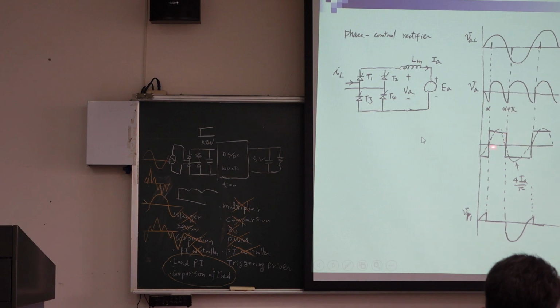So what is the phase delay? This is sine wave current. This is sine wave voltage. So the phase delay is how many degrees? 30 degrees, right? The current lags the voltage by 30 degrees. So if this is 30 degrees, what is cosine 30 degrees? 0.866.